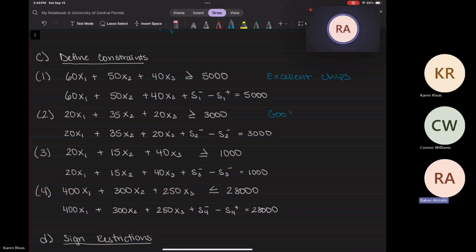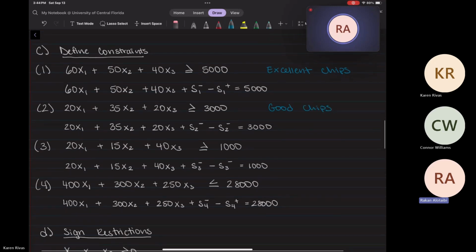And here the second: 20x1 plus 35x2 plus 20x3 plus d2 minus minus d2 plus equals 3000, which is good chips.